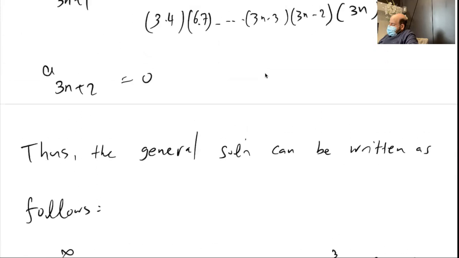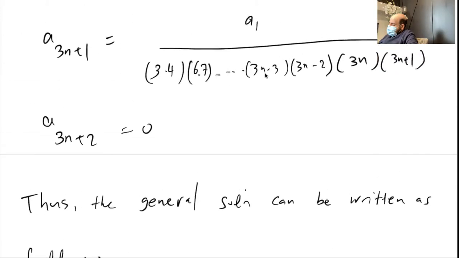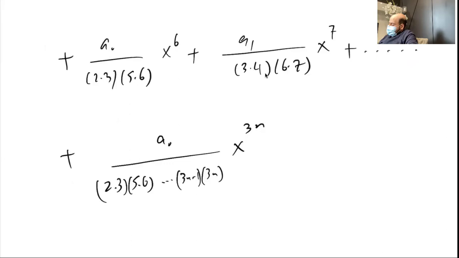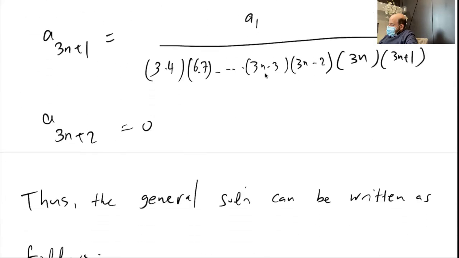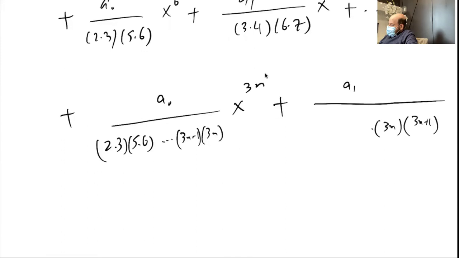And then I have a3n plus 1. a3n plus 1 is a1 over this denominator, so plus a1 over 3n plus 1 times 3n, all the way down to the product of the earlier terms, times x to the power 3n plus 1, and so on.